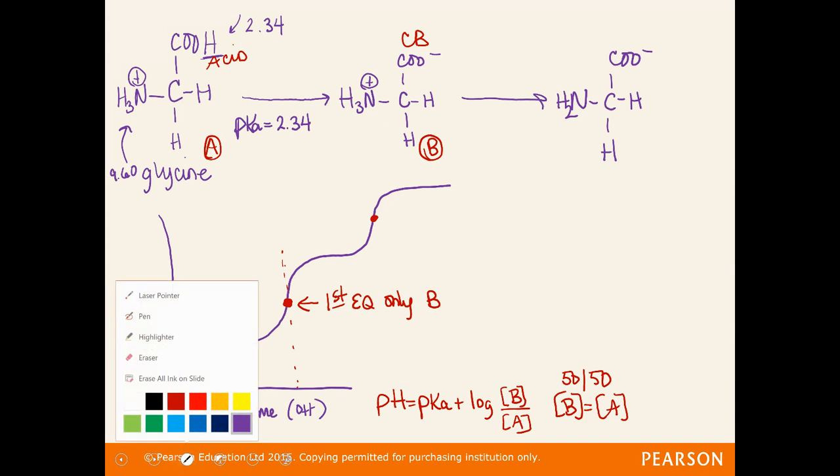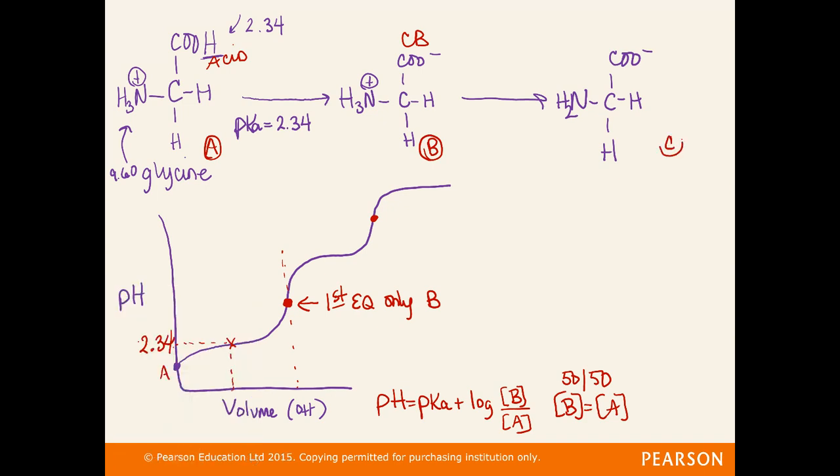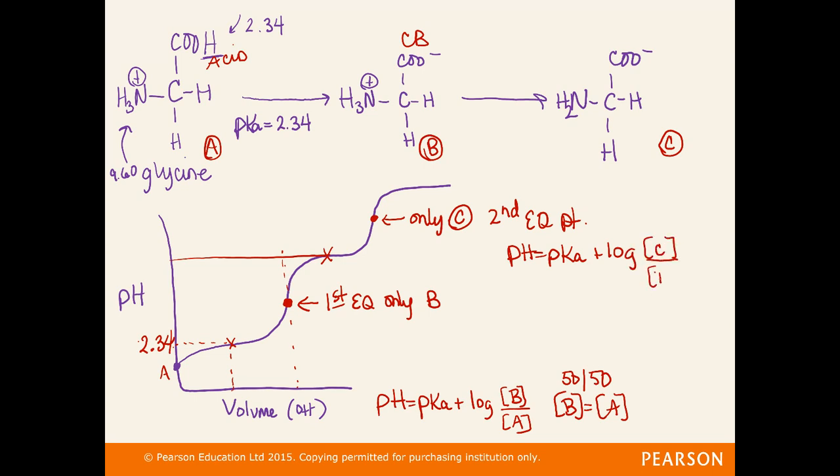That's going to happen at a much higher pH to get a structure C. So our second equivalence point will have only structure C. Halfway there, you're going to have pH equals pKa plus the log of structure C over structure B. That's going to have 50-50 of each. And at that point, your pH is going to equal pKa. But the second one, the 9.60.